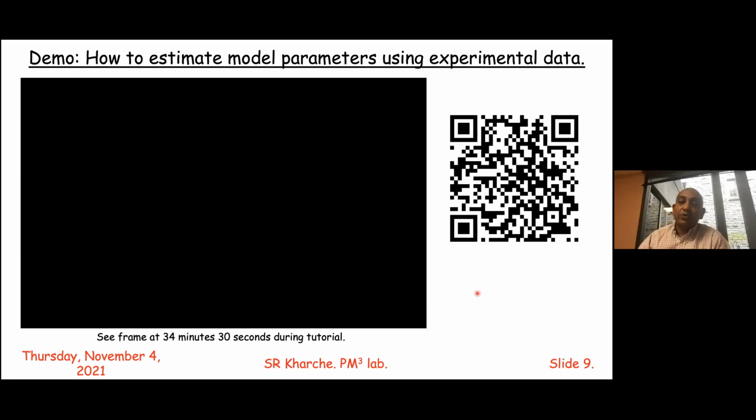The QR code on the right-hand side may take you to the relevant YouTube video. So this is a brief explanation on how to use experimental data to estimate model parameters, and in that way justify how your model behaves, somewhat justify.